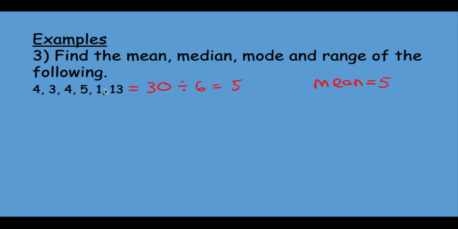So our next job again, write it out in order so I can see I've got 1 and 3. Got 2 4s, 5 and 13. So my median, I've got 6 numbers again, so we haven't got a middle number, we've got 2 middle numbers, but luckily for us they're the same, so it just tells us that the median is 4.